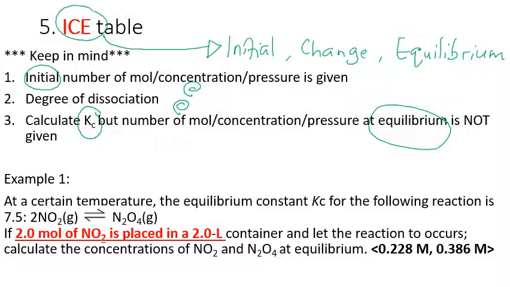Let's look at the first example. At a certain temperature, the equilibrium constant is given for this chemical reaction. If 2 moles of NO2 is placed in the container, here we consider it initial, because we just put it into the container and let the reaction occur. Since we only have NO2, NO2 will become N2O4.